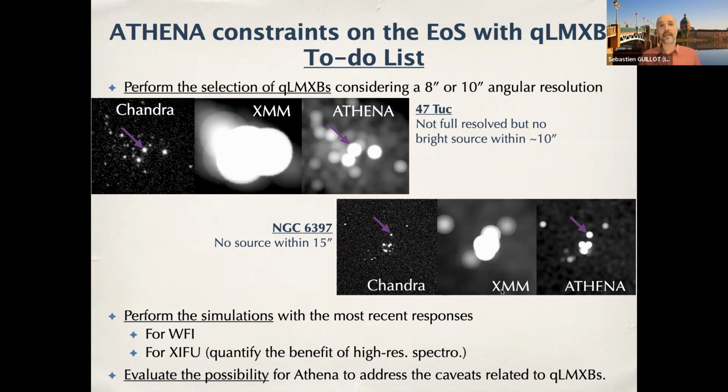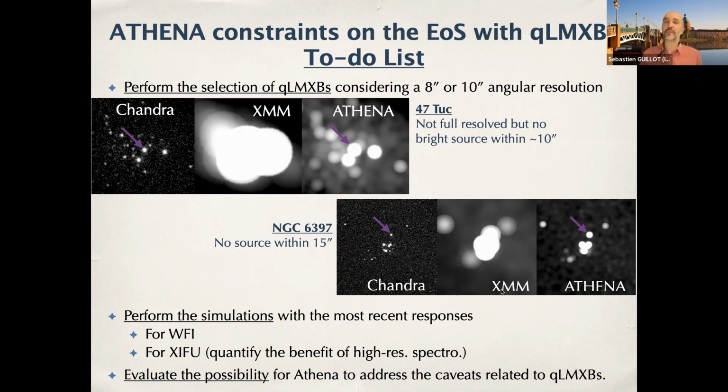Like I was saying, all those simulations need to be redone with the most recent response matrices for WFI, and we also need to look at the benefit of the high resolution with X-IFU. Here, one aspect of the modeling is the amount of absorption.